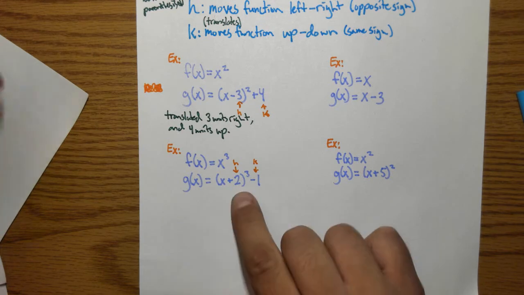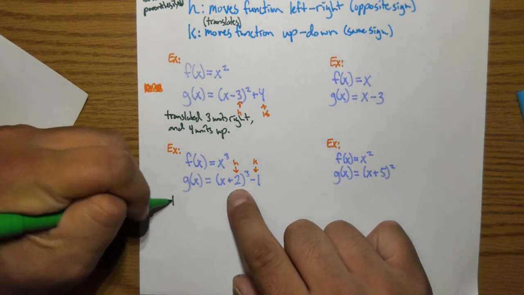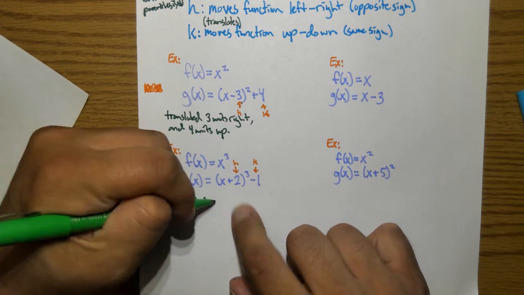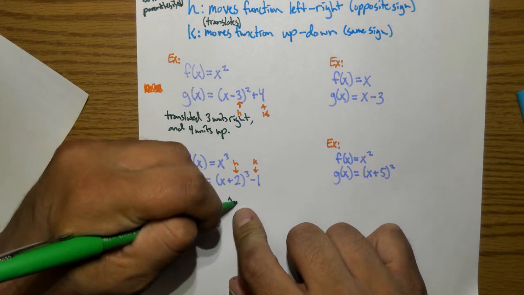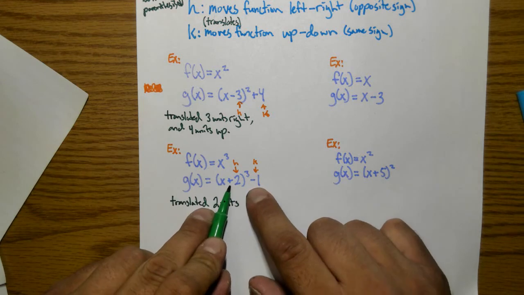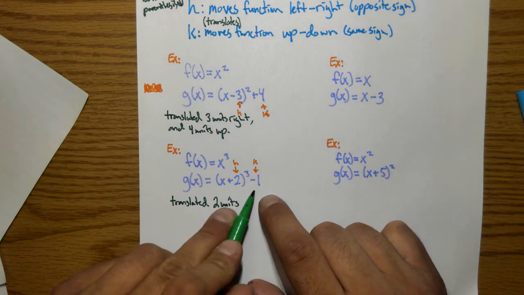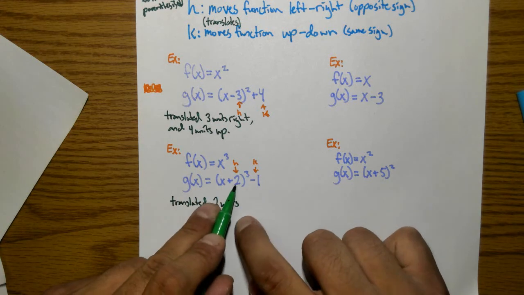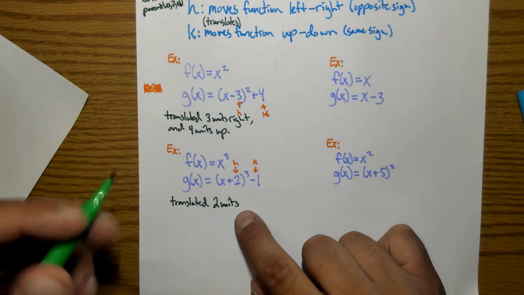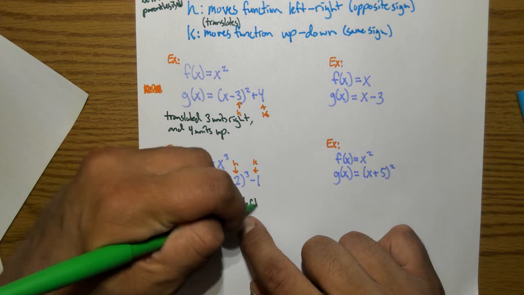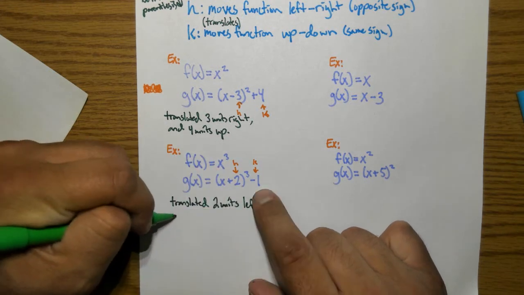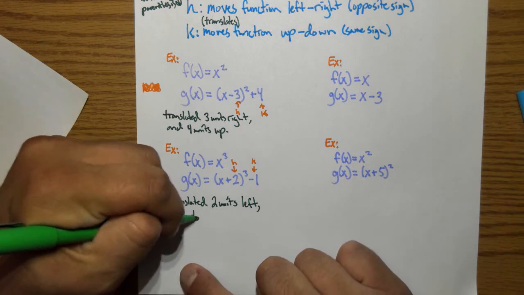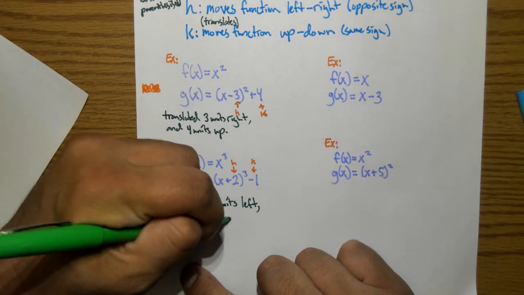So this one, we'd say it's translated 2 units left, because it's the opposite sign. Generally, positive means to the right, but when we're talking about h's, it's opposite sign. So a plus 2 really indicates that it's moving to the left 2 units. And then this minus 1, that's the same sign, because k's are the same sign, and down 1 unit.